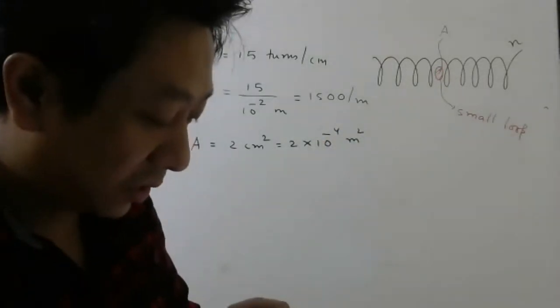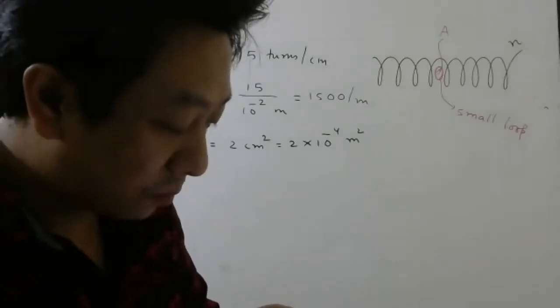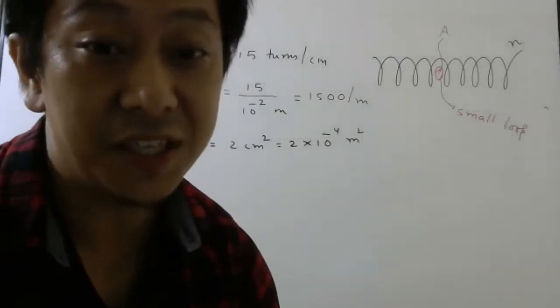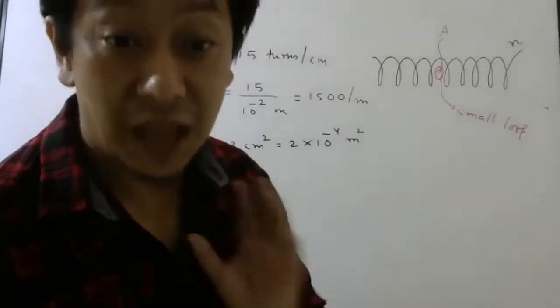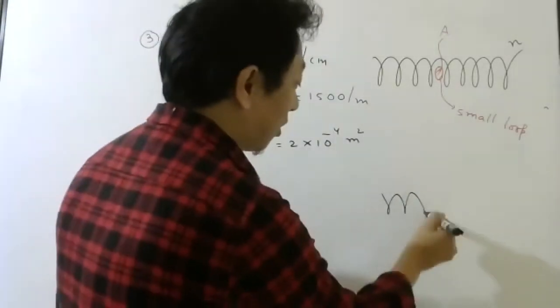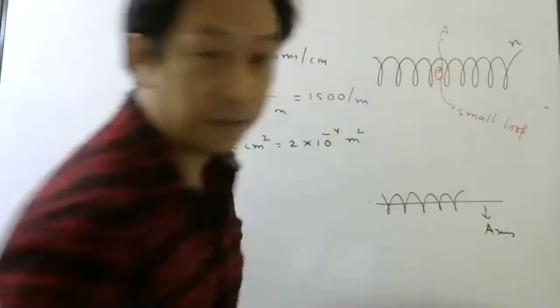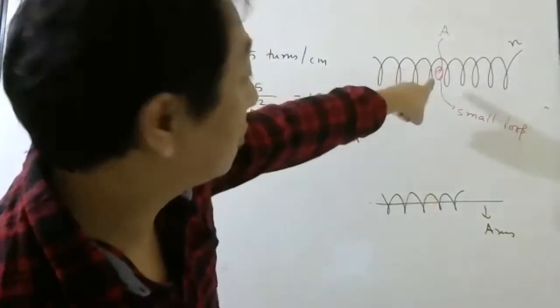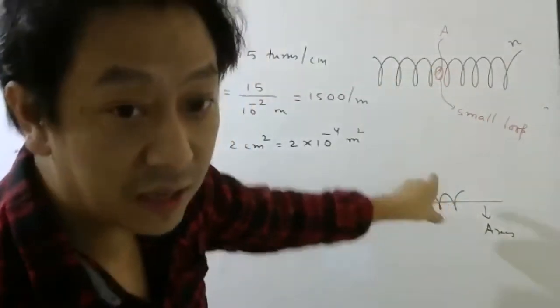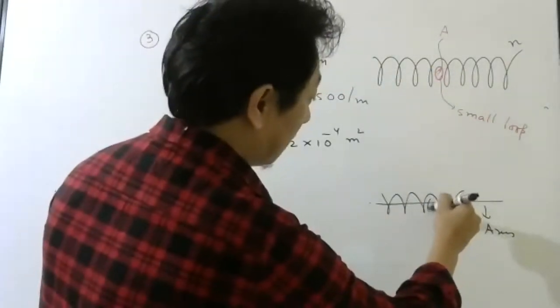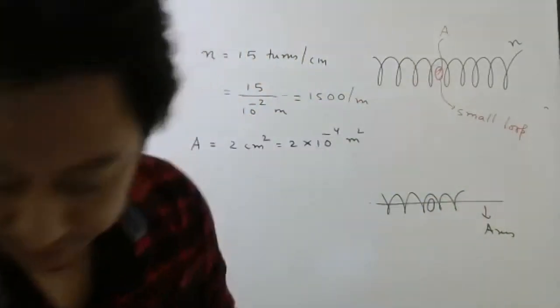They have kept it inside the solenoid, normal to its axis. Normal to its axis means perpendicular to its axis. So, if this is your solenoid, this is called axis of the solenoid. So, the loop is kept perpendicularly like this, the way I had shown. Not like this, okay? Like this. So, the loop is kept like this, as I have shown you.